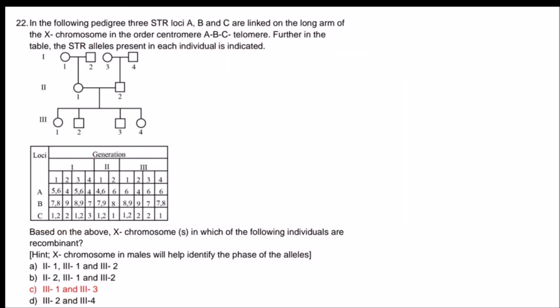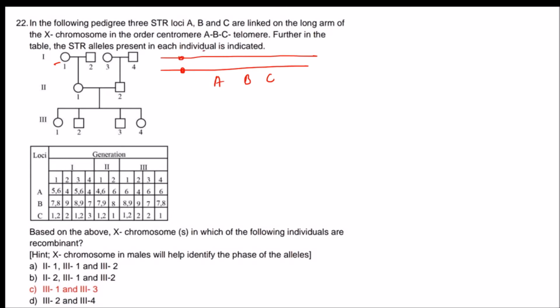Let us start. See, the female F1 has 3 loci A, B, C on the long arm of the X chromosome, and she has 5, 6, 7, 8, 1, 2. It means her homologous chromosome will have some other set of alleles.